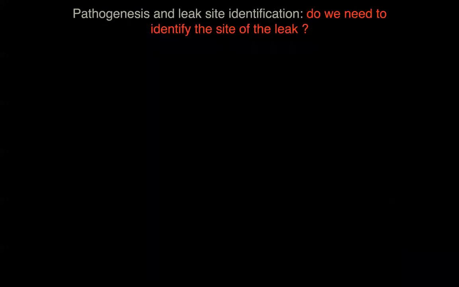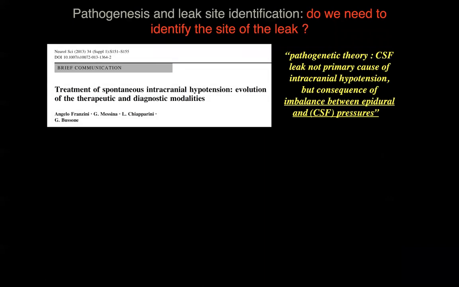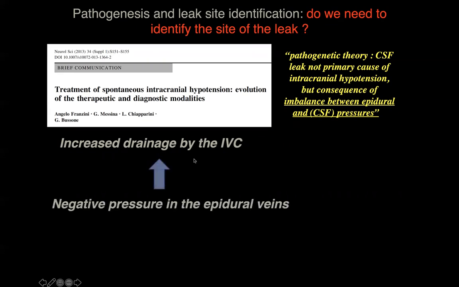Now, do we really need to identify the site of the leak? Actually, there is a theory from an Italian group that says that CSF leak may be due to imbalance between the epidural and CSF pressure. So what they hypothesized is that you can have an increased drainage from the internal vena cava, and this generates negative pressure in the epidural vein.